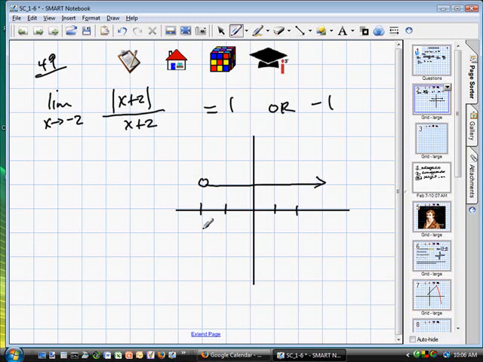When you're approaching negative 2 from the left, it's going to look like this. And because the left and the right-hand limits don't agree, we'd have to say, yeah, so we got this disagreement thing. So there is no limit, therefore, as x approaches -2. Sorry, took a while to get that one out. Another one.